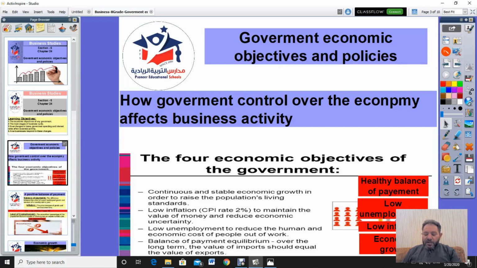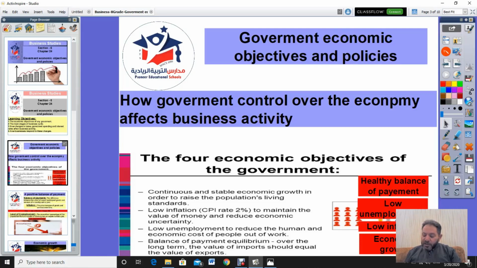A positive balance of payments. The balance of a country is positive when the value of exports is greater than the value of imports. The goods and services sold by one country to other countries in return for foreign currency are exports.